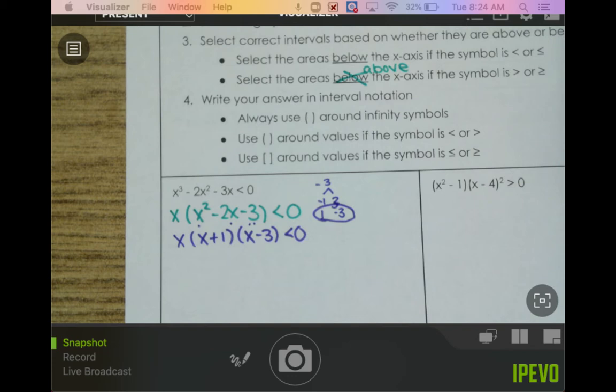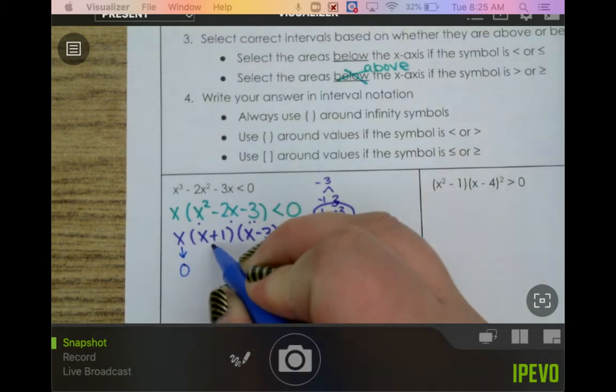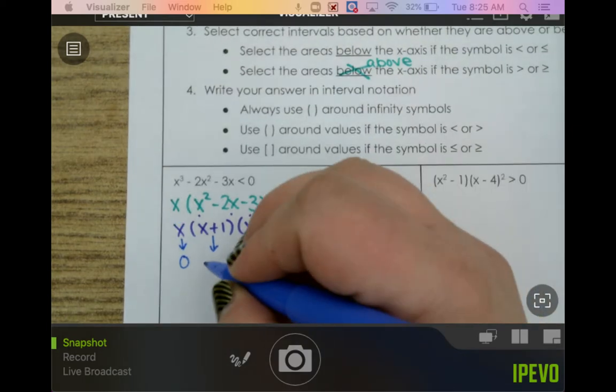And then at the end, like Jared said, you want to switch them because you want to know what makes these 0. So if you want to make this 0 out front, it's just 0. If you want to make this 0, you're asking yourself what number plus 1 equals 0. And that's always going to be negative 1.